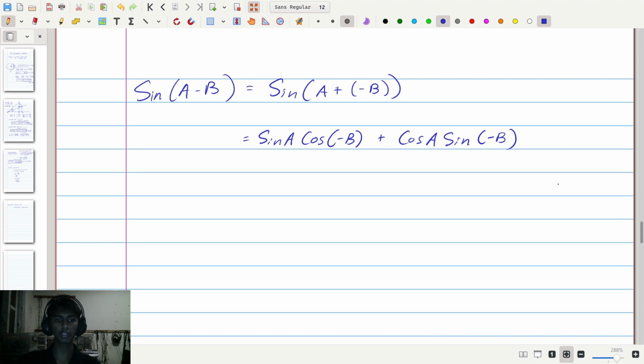We discussed that the sine of negative anything is equal to negative the sine of that thing, and the cosine of negative theta is equal to the cosine of theta.